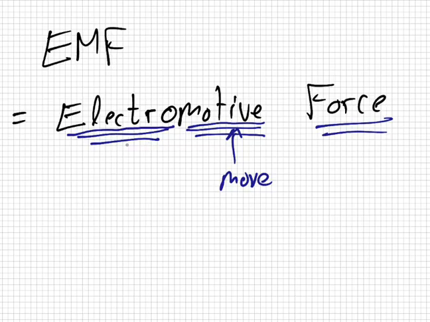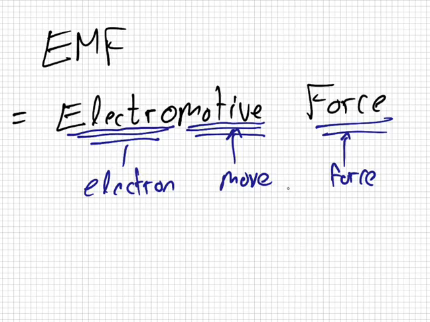Electricity. Like electricity or electron. So EMF is the force that moves the electrons. One of these situations where English makes sense. So electromotive force is the force that moves the electrons.